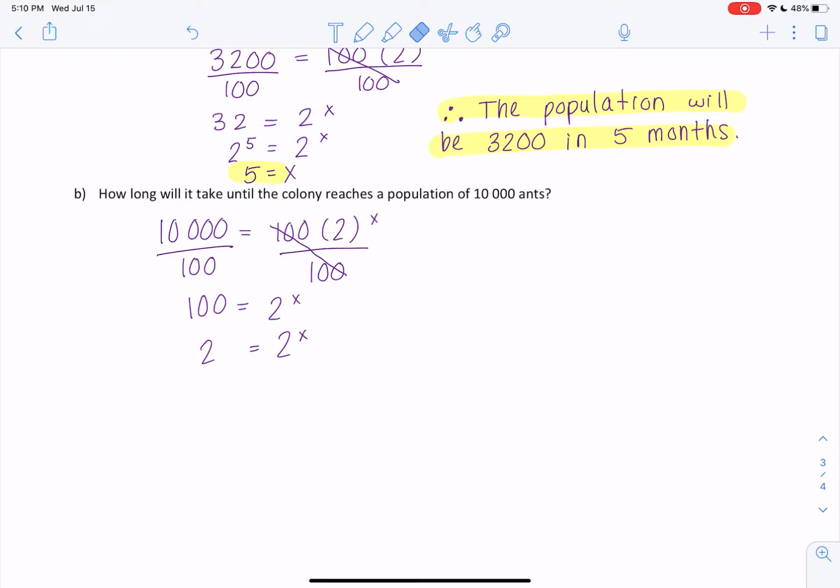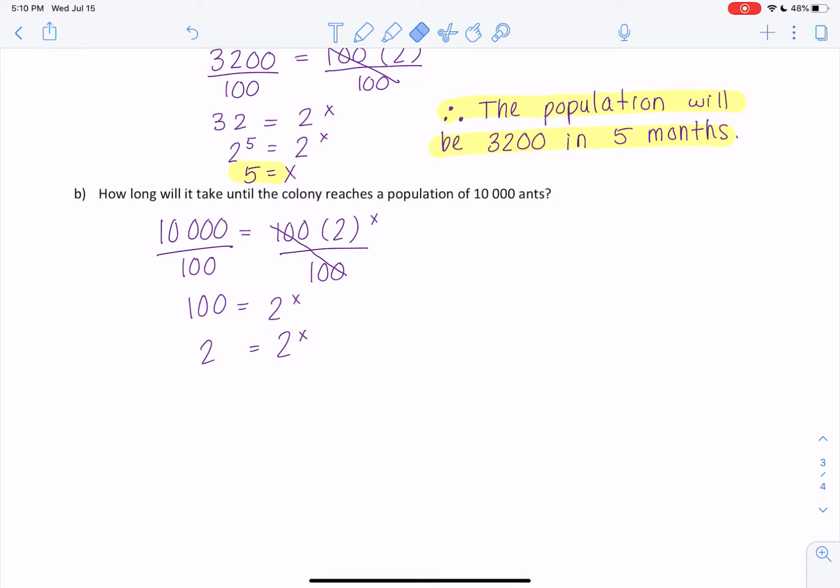So we'll start by doing 2 to the power of 6. I'm at 64. 2 to the power of 7, and I'm at 128. So I'm already bigger than 100, so it's got to be in between there. So we'll try 2 to the power of 6.5, and I get 90.5. 2 to the power of 6.6, and I'll get 97. 2 to the power of 6.7, and I get 103.